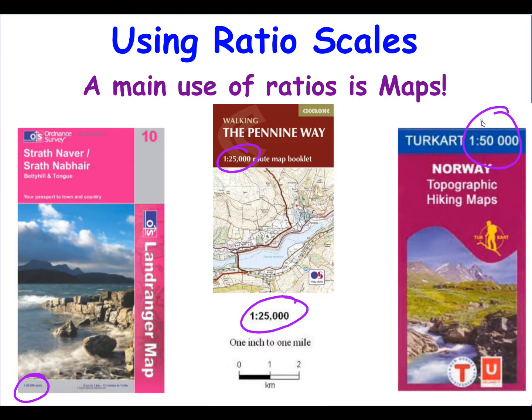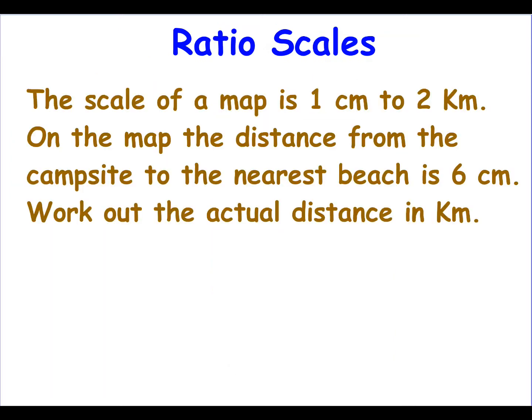So to go from the real world to our map or our scale drawing, we need to put the value under the correct side. Now you're going to get lots of practice on this later on in the course, but it's simply a unitary method where you're given one of the parts.